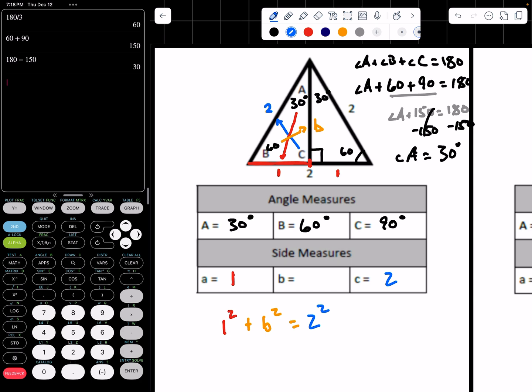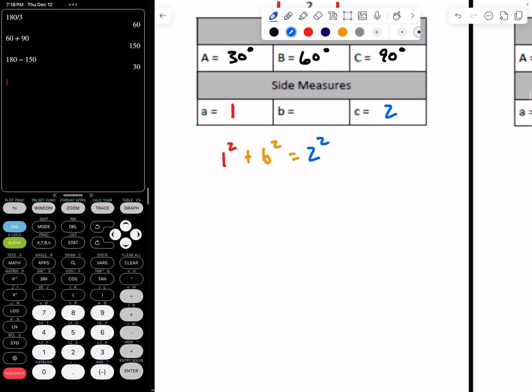And what I'm looking to do is I'm going to solve this for b just like I would doing anything else. So 1 squared is just 1. B squared equals 2 squared is 4. What I'm going to do here is I'm going to subtract 1 because I am looking to isolate b squared. So I'm going to subtract 1 to get b squared by itself.